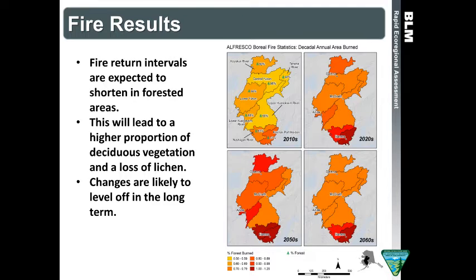Moving on from climate to fire, just a really brief interpretation. I'm throwing maps at you, and I realize that's a little unfair when I'm trying to give a brief overview. But these maps represent some of our modeling outputs from the Alfresco model, the Alaska Frame-Based Ecosystem Code, which, as I think you all know, is a spatial fire model, but it's not spatial in the sense of being predictive.